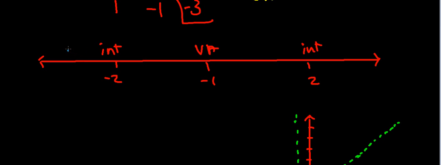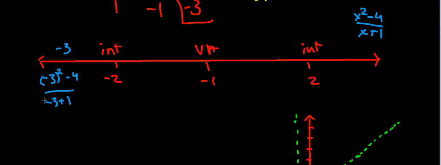So one point we can select is -3. And let's put our equation over here, x squared minus 4 over x plus 1. So we put in -3, it's -3 squared minus 4 over -3 plus 1. So this will be 9 minus 4, that's 5, over -2, so that's -5 over 2. So it's going to be negative here.